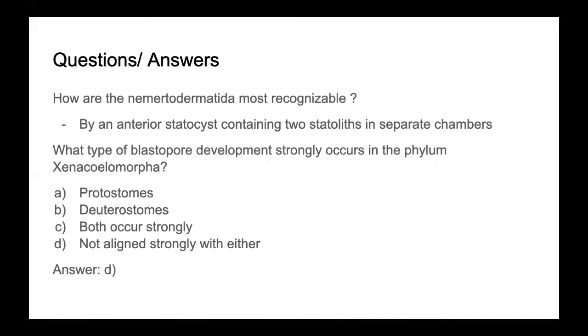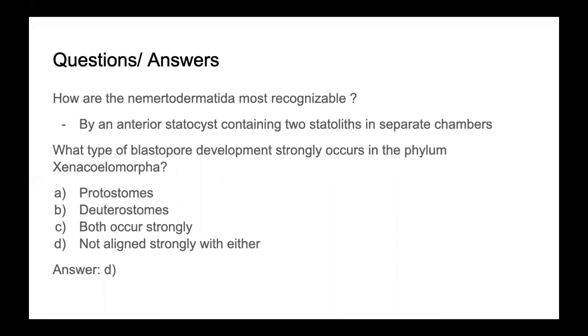Sorry, we included the answers, but the first question is, how are the Nematodermatida most recognizable? Without looking at the answer, I'm going to give you guys like 3 seconds to guess that. And the answer would be, they are most recognizable by the anterior cysts containing two cytoslits in separate chambers. And then Diana's going to take it from here.